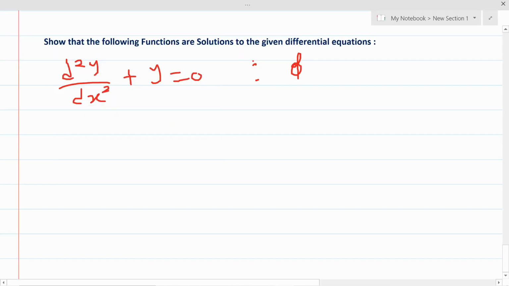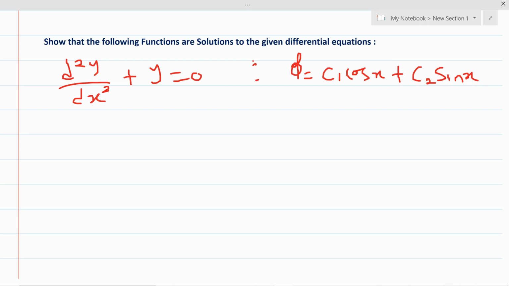So the corresponding solution that we are saying is a solution to this differential equation is c1 cos of x plus c2 sine of x. Please pardon my handwriting, but follow me; if you follow it clearly, you will really understand.